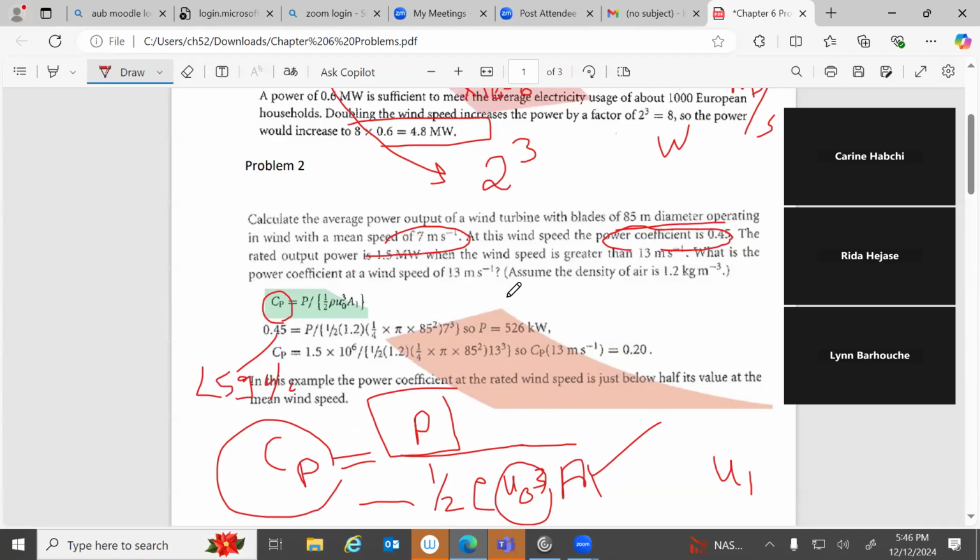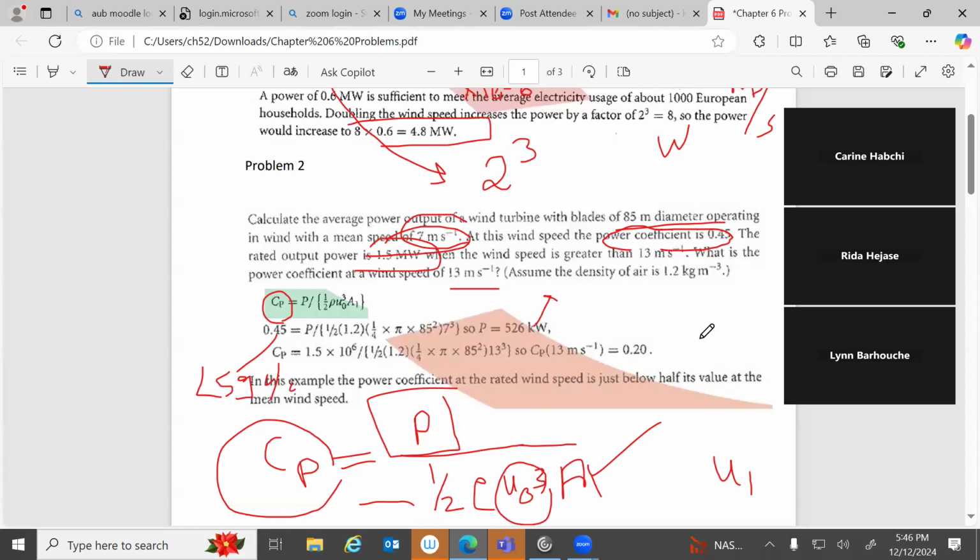So here, for example, they are telling us that if we have different conditions, and we don't have a speed of 7 meters per second but work at 13 meters per second, the rated output power is 1.5 megawatt. So the power will increase. Of course, this is expected, because as the velocity increases, the power increases.